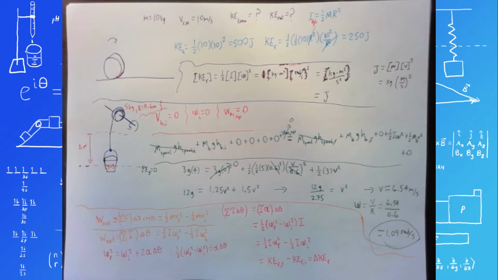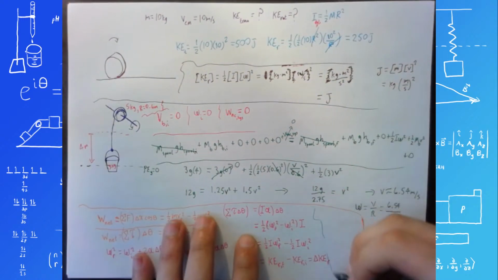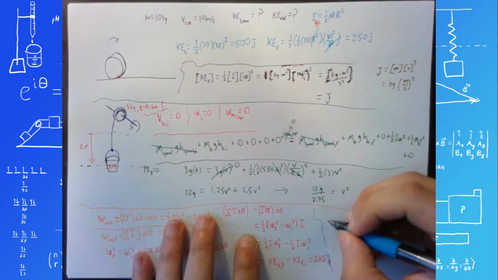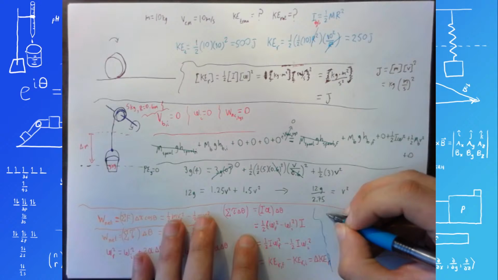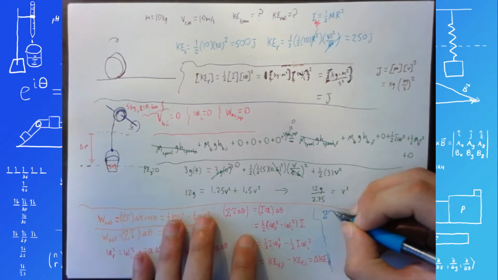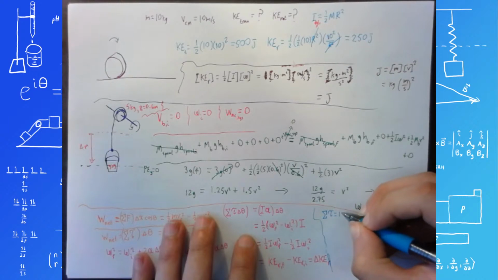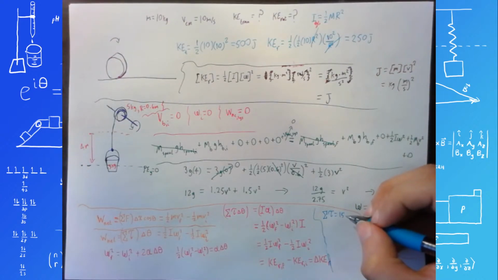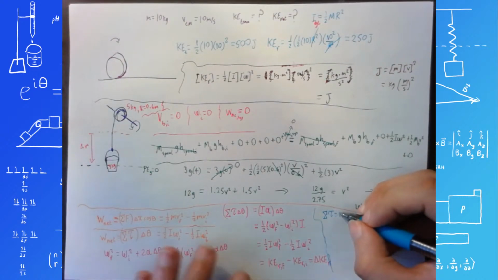So they said we have a constant torque of 25 Newton meters, and it's the only torque. If it's the only torque, then by definition it must be the net torque. The sum of only one torque is just that one torque. Net torque equals 25 Newton meters.